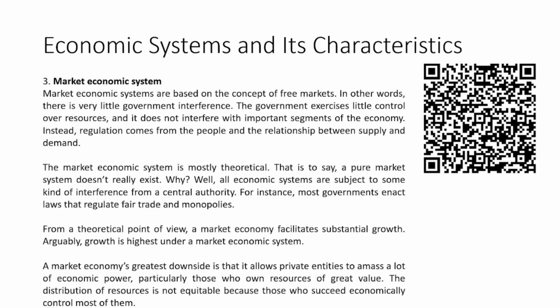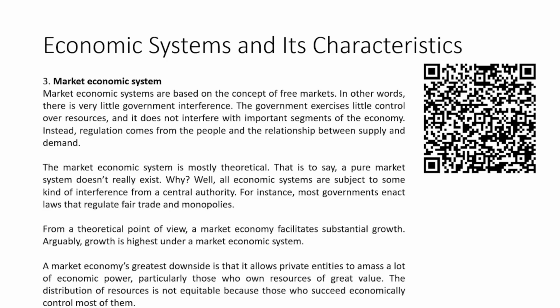Now, this is what I'm talking about, a market economic system. A market economic system is based on the concept of free markets. In other words, there is very little government interference. The government exercises control over its resources and does not interfere with important segments of the economy. Instead, regulations come from people and the relationship between supply and demand.